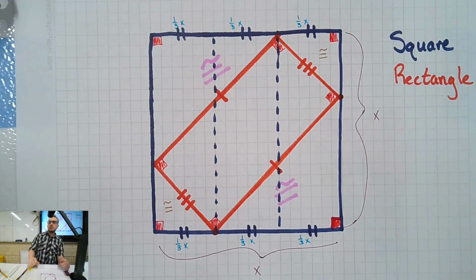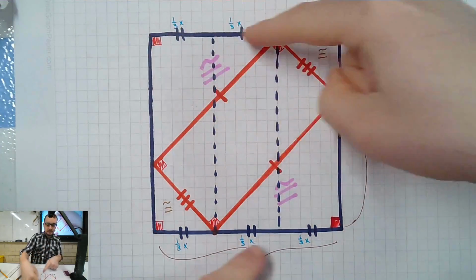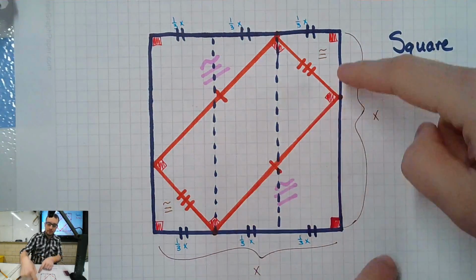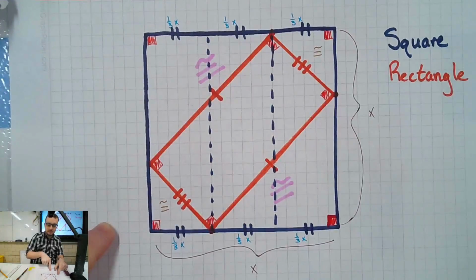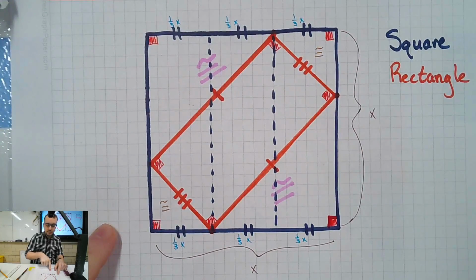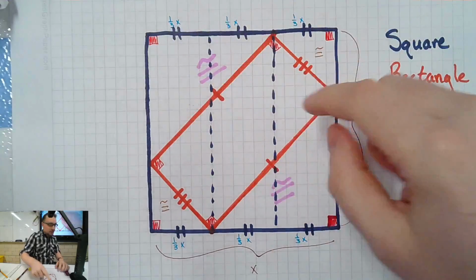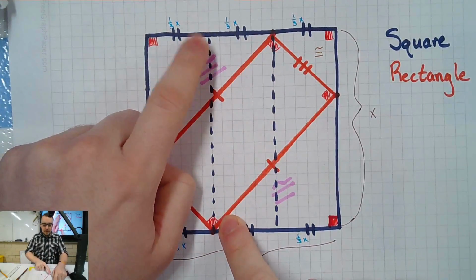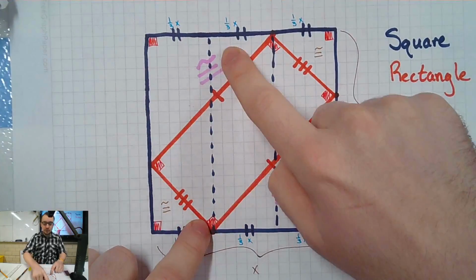Do you see any parallel lines in this diagram? There are a lot, right? Notice these two right here. Wouldn't this be a transversal then? Right? Two parallel lines, there's the transversal. And so we know that if we have two parallel lines and a transversal, alternate interior angles, right? These two angles should be equal, and these two angles should be equal.